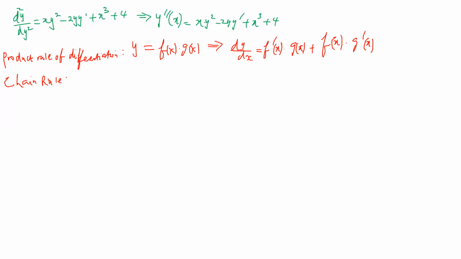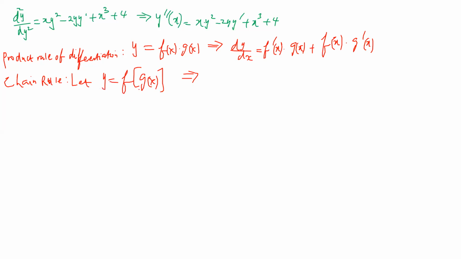What does the chain rule say? There are many smarter ways in mathematics to state it. You can let y be a function of another function, a function inside another function.